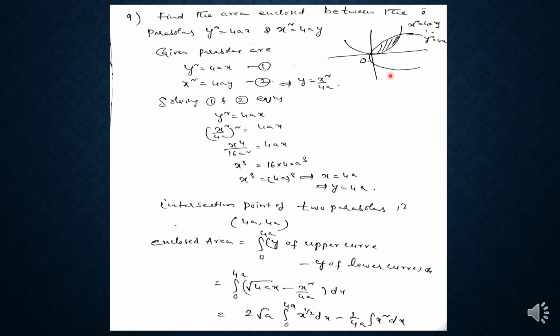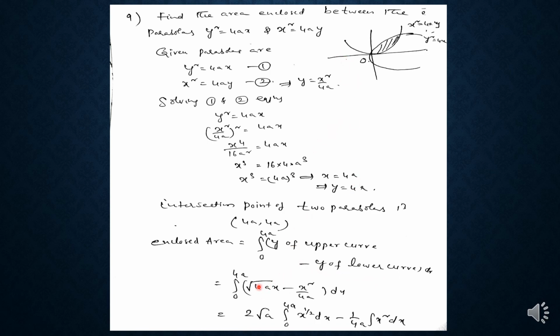minus the area bounded by the curve x square is equal to 4ay, the x-axis and x is equal to 0 to x is equal to 4a. So this is the area bounded by the lower curve. By subtracting the area bounded by the lower curve from the upper curve, we get the enclosed area between these two curves.